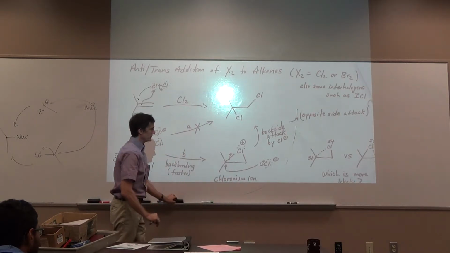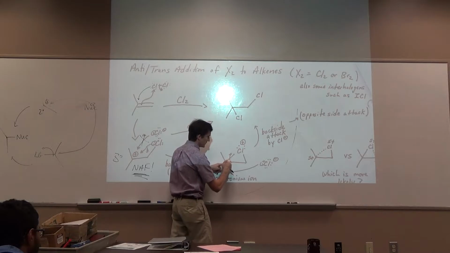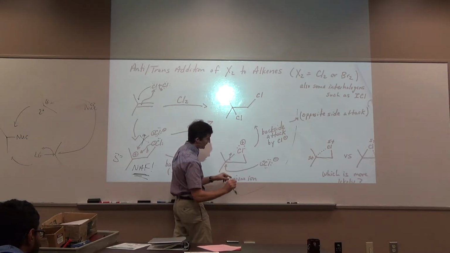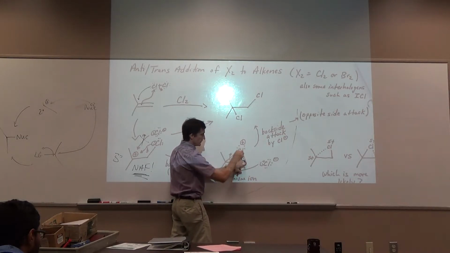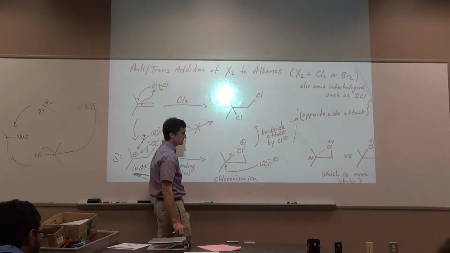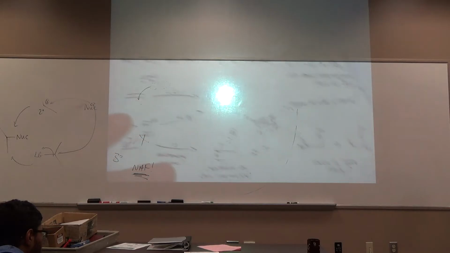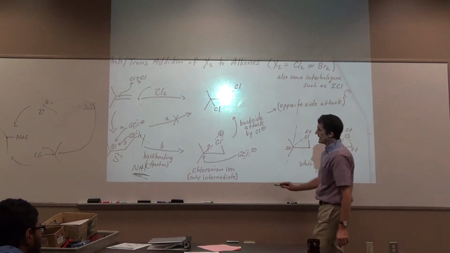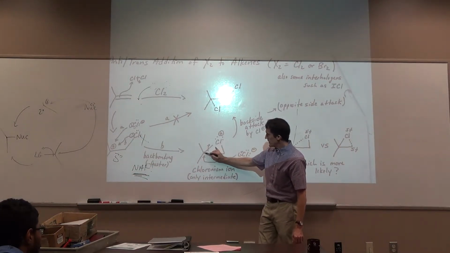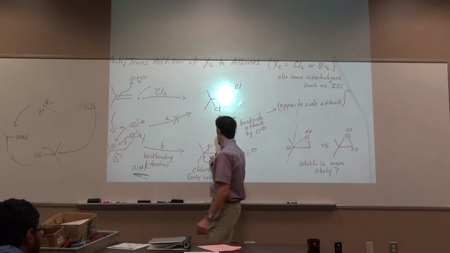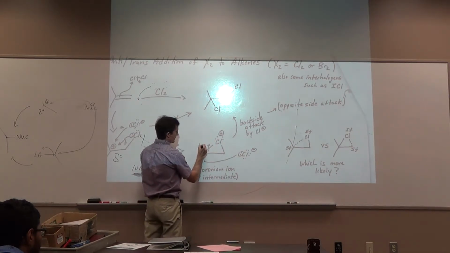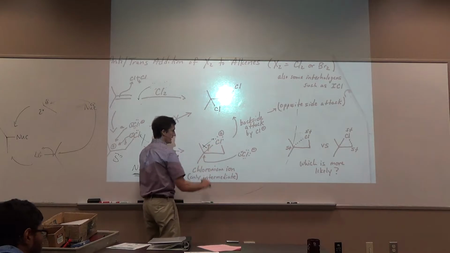Okay, another feature of this reaction. Why do we attack here and kick the chlorine off from there, as opposed to maybe attacking here and kicking the chlorine off from that carbon? It's because of this over here. Even though this chlorine is bonded to a carbon, we have dipole.